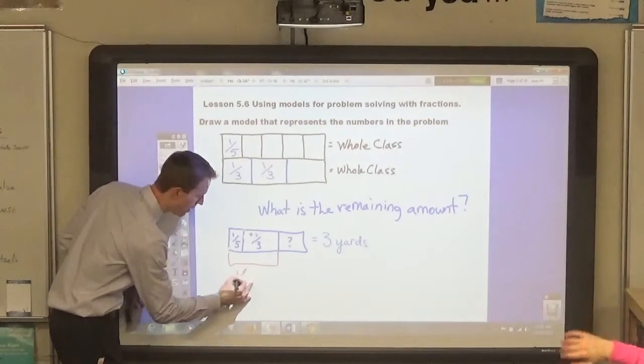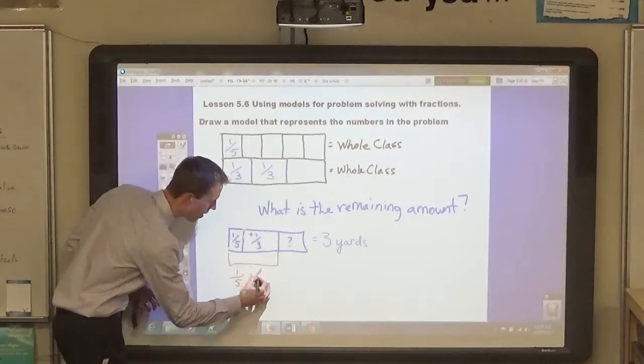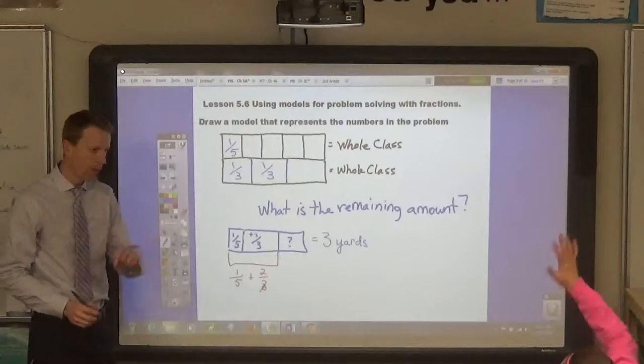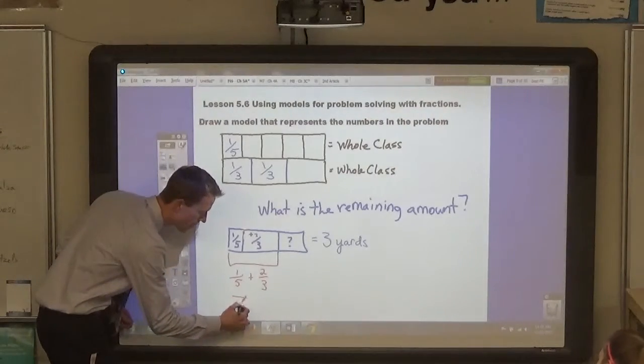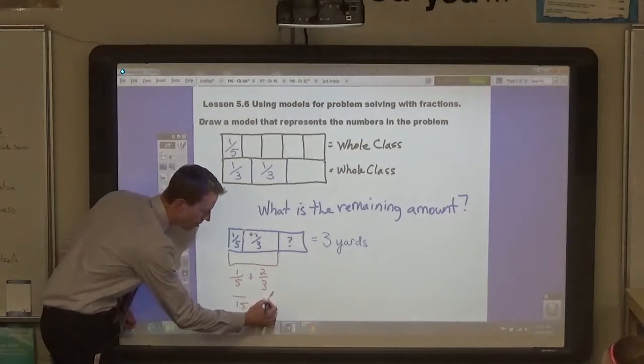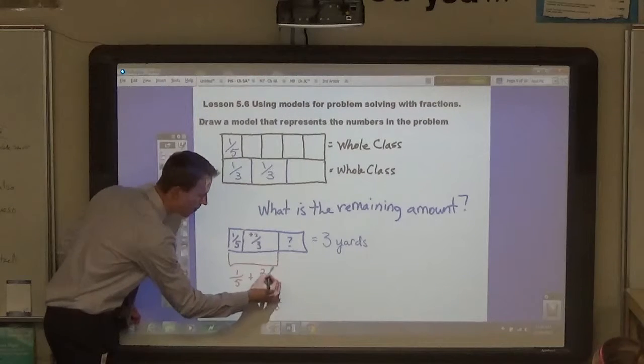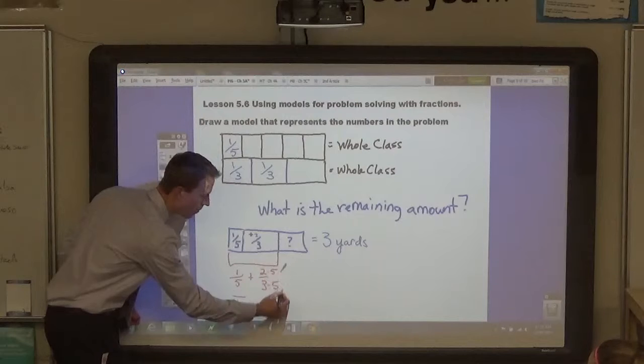So 1/5 plus 2/3. Then we're going to use what? 15ths. So that's 3 times 5. 2 times 5.